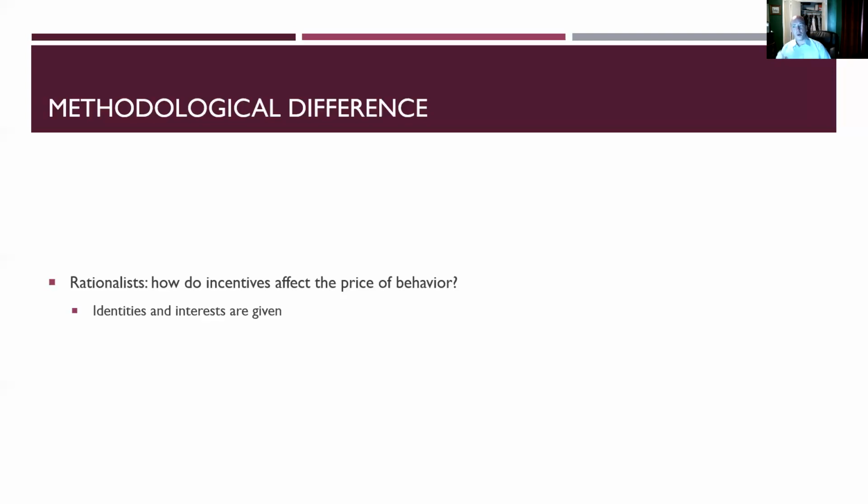The thing with that, though, is that in order to answer that question, something like how does the United States threat of sanctions affect Russia's behavior, we already have to assume that there's a Russia and that there's the United States, and that they have given interests, specific interests, that exist before this interaction. Whereas constructivism might want to look at this interaction as constitutive of the United States and of Russia, right?